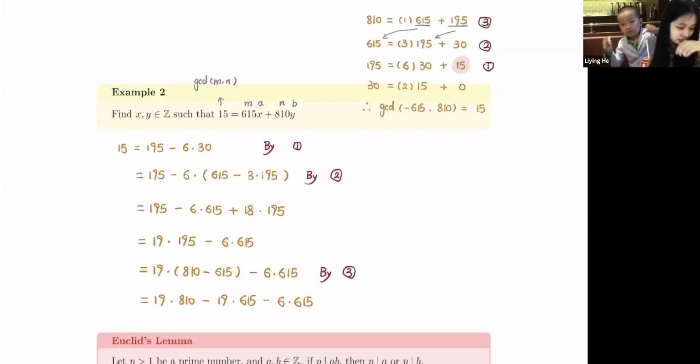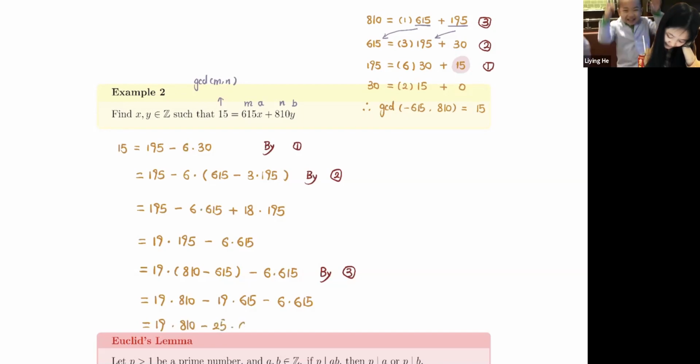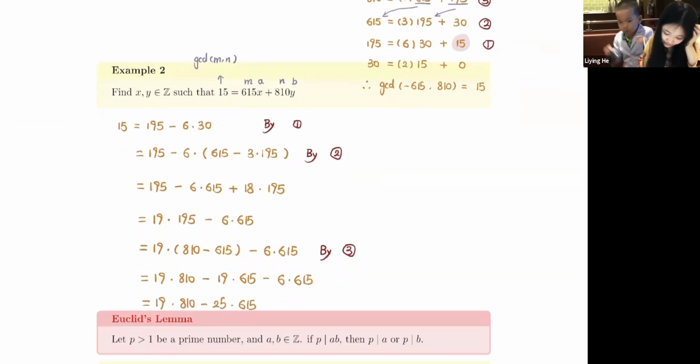Okay, you'll get 19 times 810 minus 25 times 615. Now we reach the final equation here. That means our x is negative 25 and our y is 19.